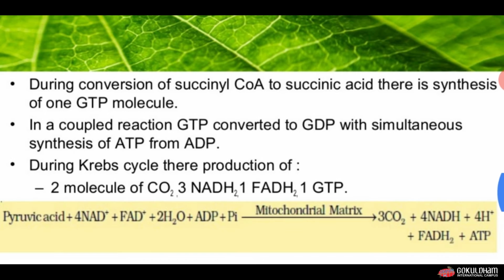The overall reaction of the tricarboxylic acid cycle is pyruvic acid plus 4 NAD plus FAD plus 2H2O plus ADP, which gives 3 CO2 plus 4 NADH plus FADH2 plus ATP, and this reaction takes place in the mitochondrial matrix.